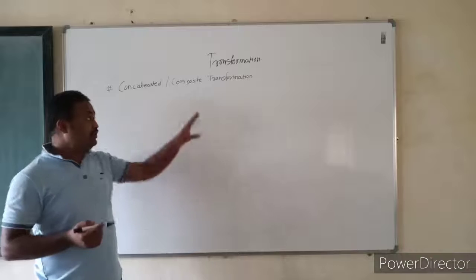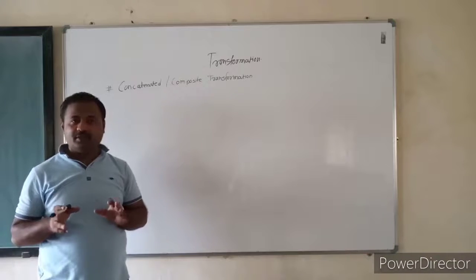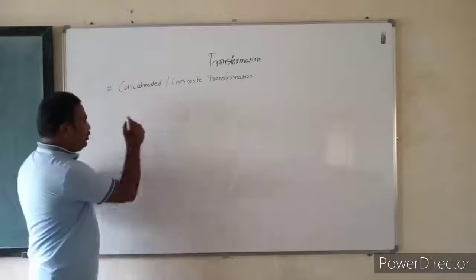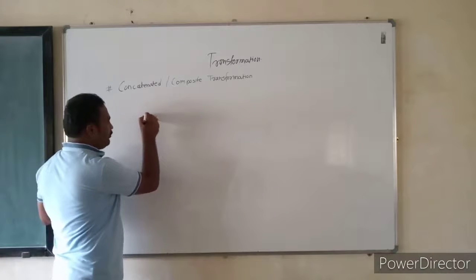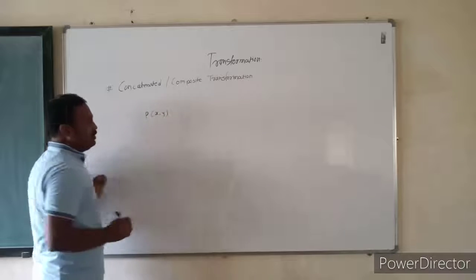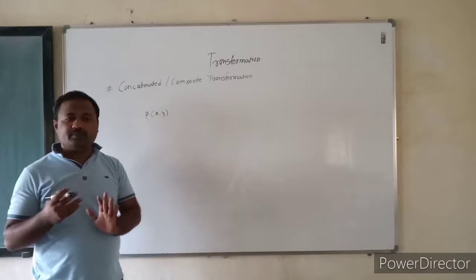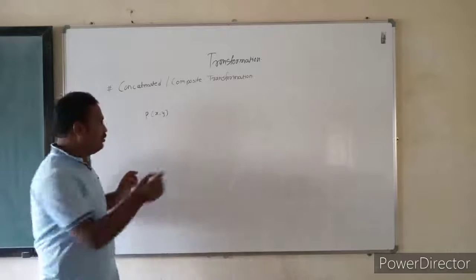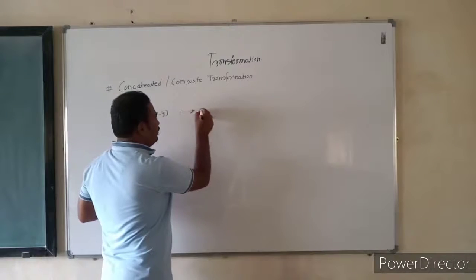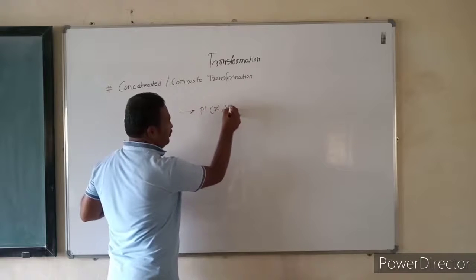Okay. For this, we have taken one example. Consider point P(x, y). Okay, P's coordinates are x and y, to be transformed to the new position. P dash is x dash y dash.